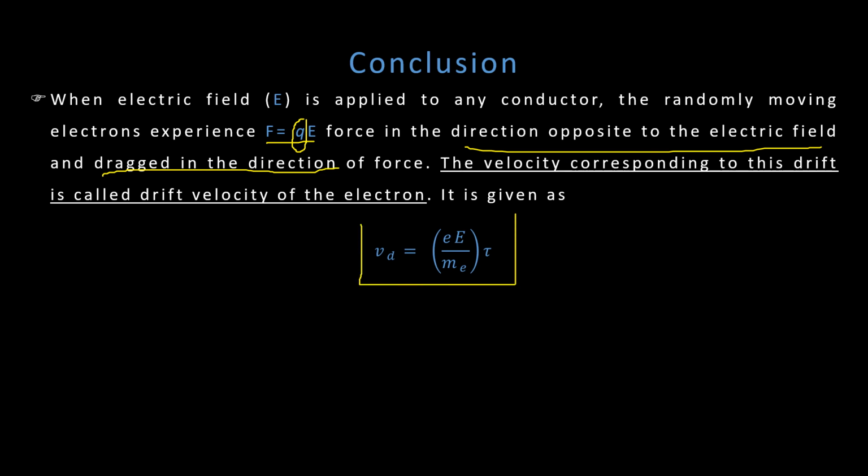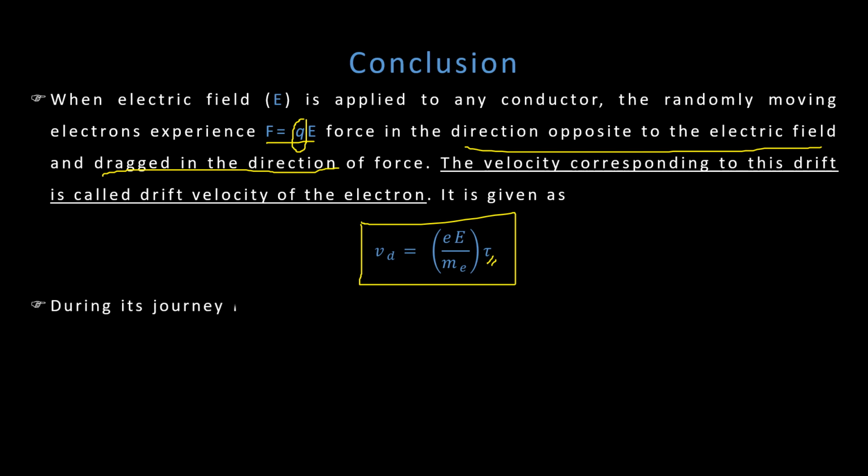How much is the drift velocity? Drift velocity is denoted by Vd. It is eE by me times tau. What is tau? Relaxation time. What is the order of drift velocity? Few millimeter per second.